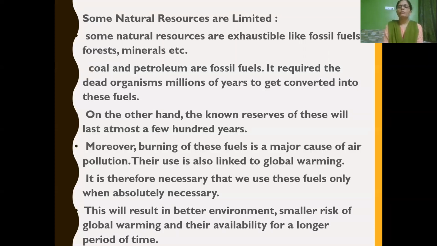Got it, children? So why are some natural resources like coal and petroleum limited? Because in order to form these exhaustible natural resources, it takes millions of years to convert dead organisms into these fuels. And the second reason is that the reserves of these fossil fuels are very limited. They last only for a few hundred years, but to produce those fossil fuels it takes millions of years.